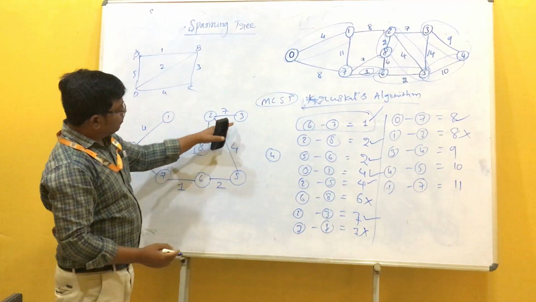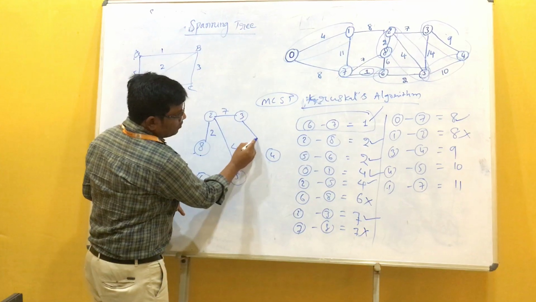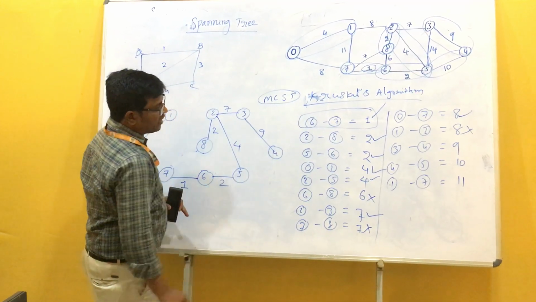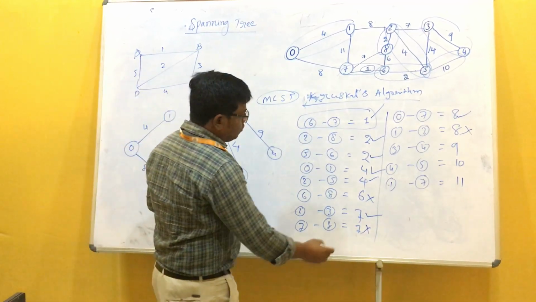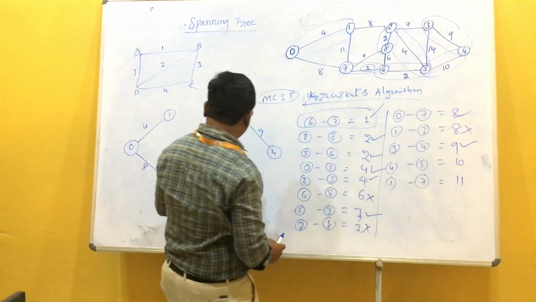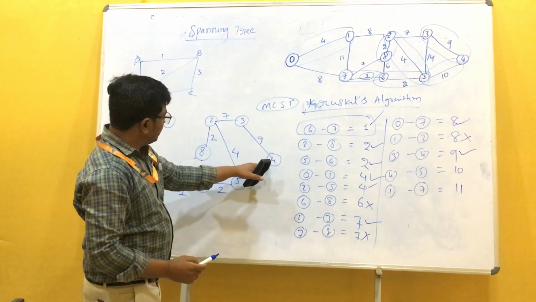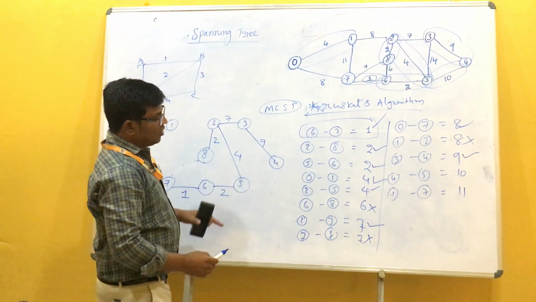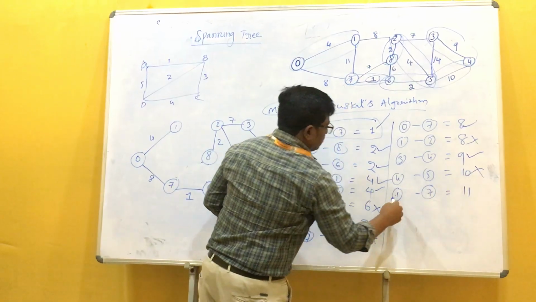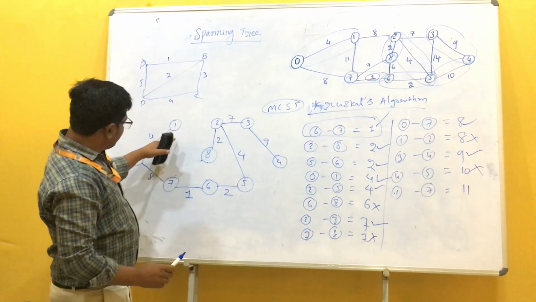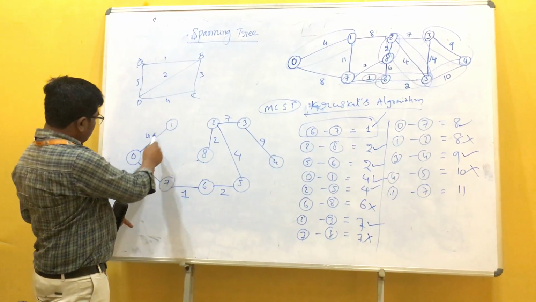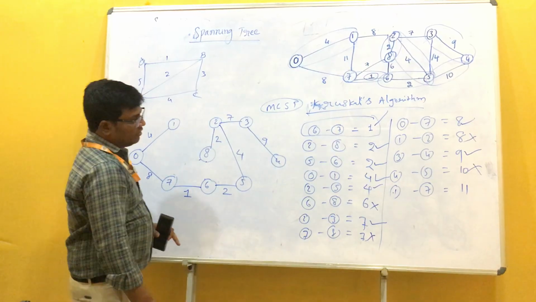This is without forming any loop, so we consider this weight 9 here. Next 4 to 5. The 4 to 5 edge cost is 10, but it forms a loop, so avoiding this one. Next 1 to 7. 1 to 7 also forms a loop: 1, 0, 7 forms the loop. So we avoid it.